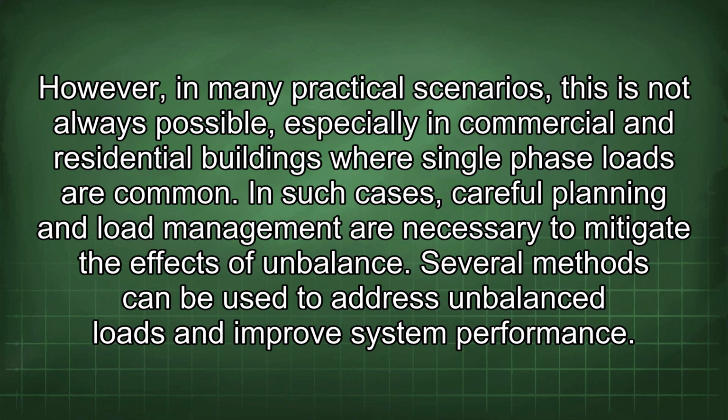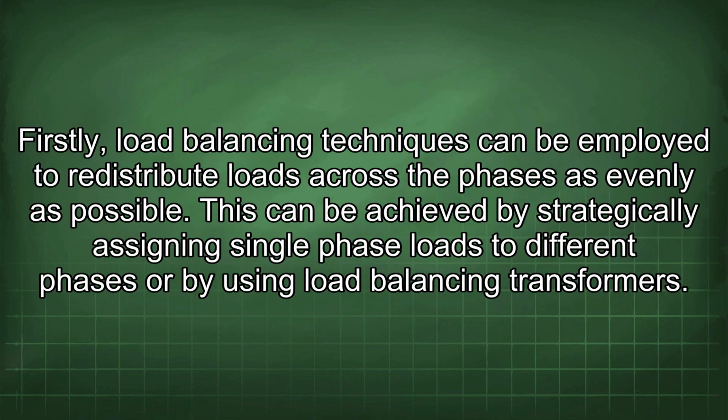Several methods can be used to address unbalanced loads and improve system performance. Firstly, load balancing techniques can be employed to redistribute loads across the phases as evenly as possible. This can be achieved by strategically assigning single-phase loads to different phases or by using load balancing transformers.